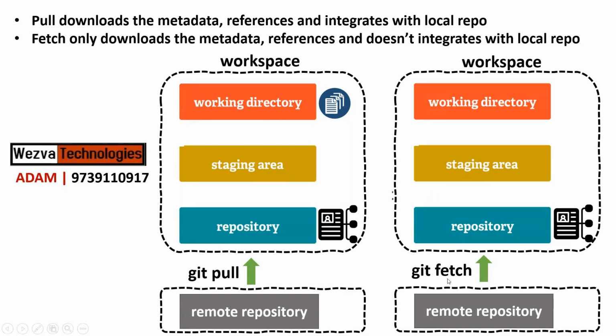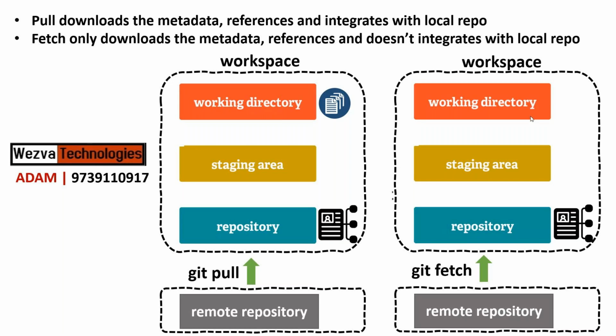So what does fetch do? It doesn't do the second step. It does only the first step. That is, when you do fetch, it only downloads the metadata and the references from the remote repo to your local repo. However, it will not be integrating it into the branches. So that means you will not be able to see the files.